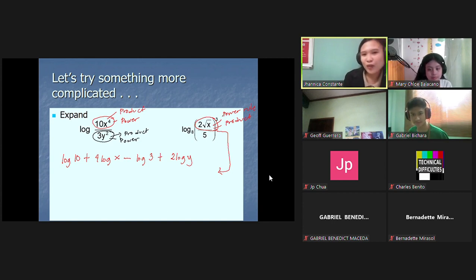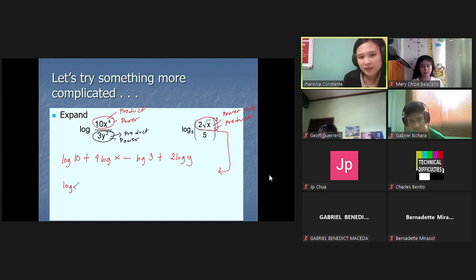So if we're going to expand our first argument, it will become logarithmic 8 2 plus, since we have power rule, which is cube, so we will be having 3 logarithmic 8 square root of x.